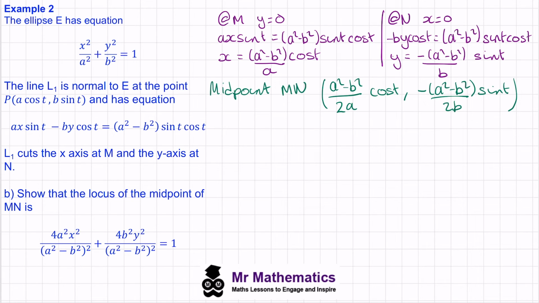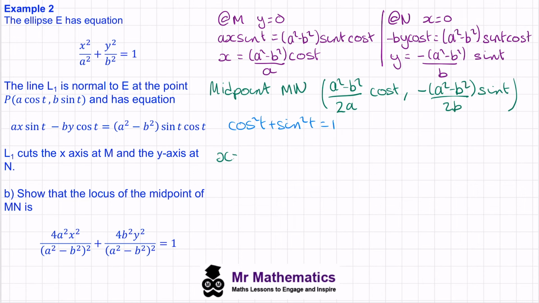So now we need a way of connecting cos and sin. And we can use the trigonometric identity, cos squared t plus sin squared t will equal 1. So we have our plus, which is here, and we have our 1 here. Now all we need to do is make cos t the subject of our x value and sin t the subject of our y value.